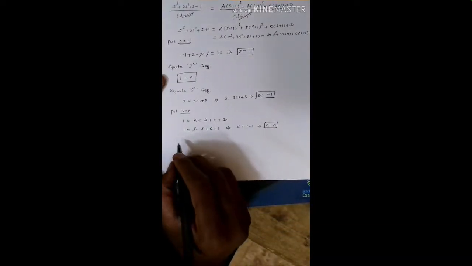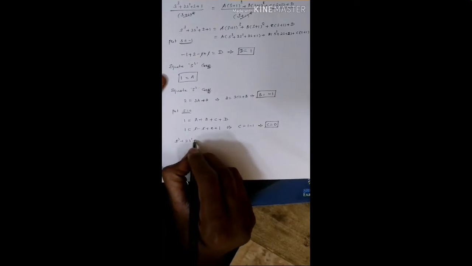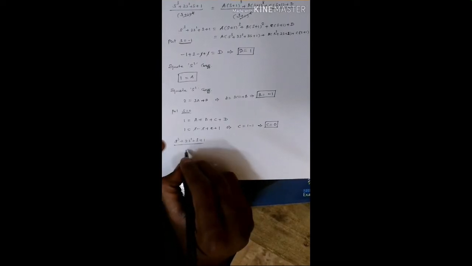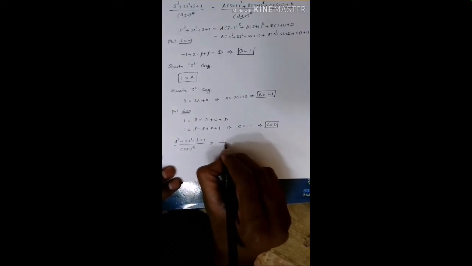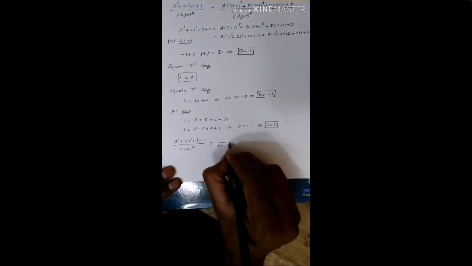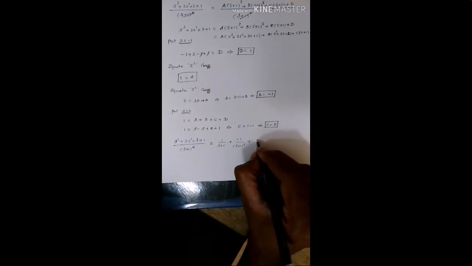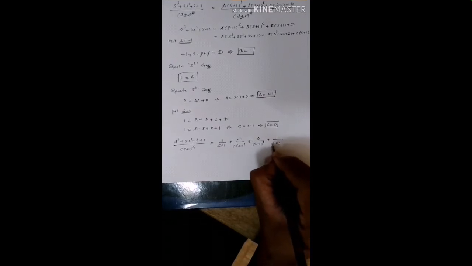We get s cube plus 2s square plus s plus 1 whole thing divided by s plus 1 whole power 4 equals a is 1, so 1 by s plus 1, plus b is minus 1 by s plus 1 whole square, plus c is 0 by s plus 1 whole cube, plus d is 1 by s plus 1 whole power 4.